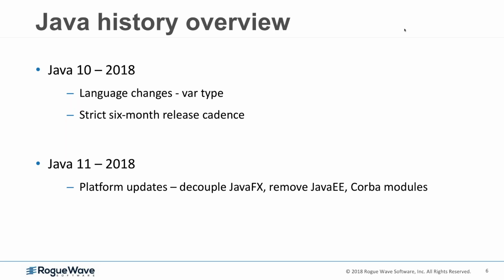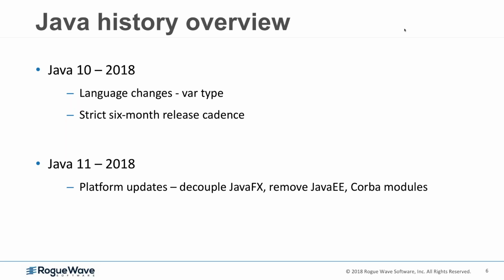Here I've only brought out this var type, this local type inference that lets you type less, and the second point, the strict 6 month release cadence. I'm actually leaving a lot out. The same is true for Java 11, where the biggest changes are JavaFX being decoupled from the JDK, and some old stuff being removed.